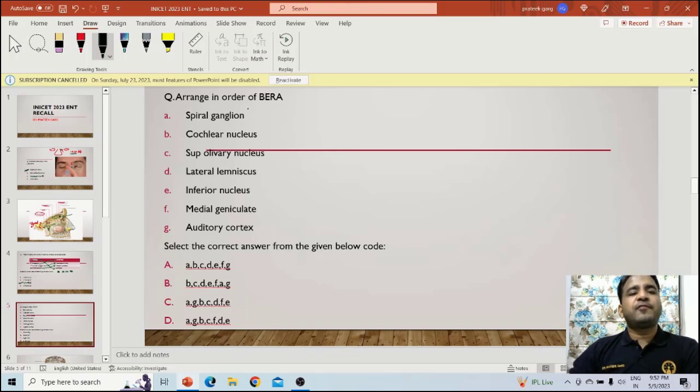Arrange in order of BERA. So what do you mean by BERA? Brainstem evoked response audiometry. This is very, very important. BERA is always asked. Brainstem evoked response audiometry.